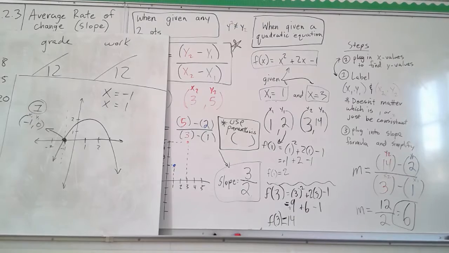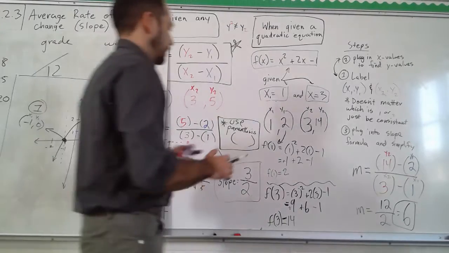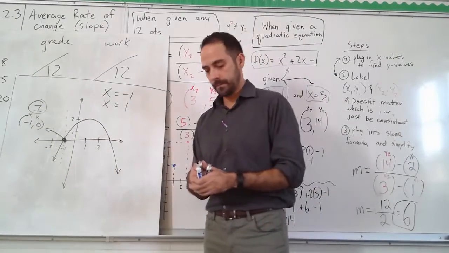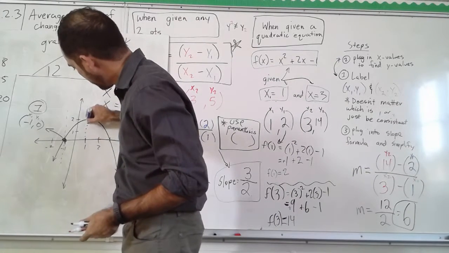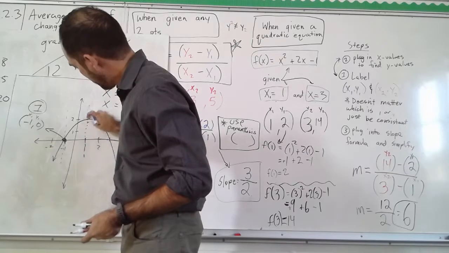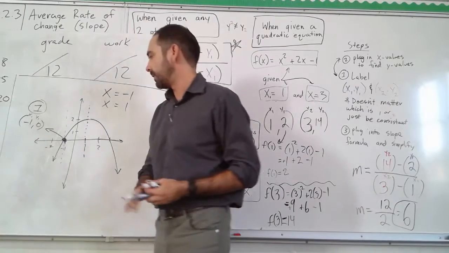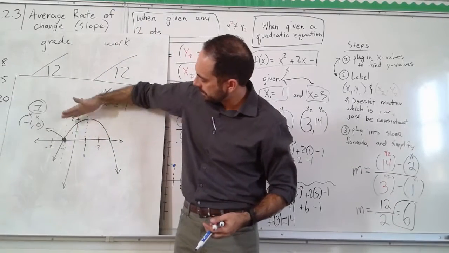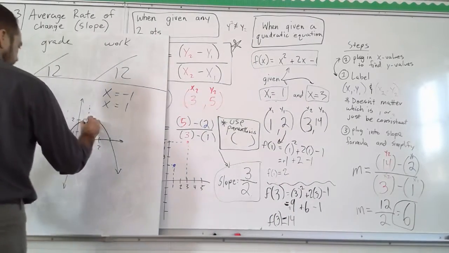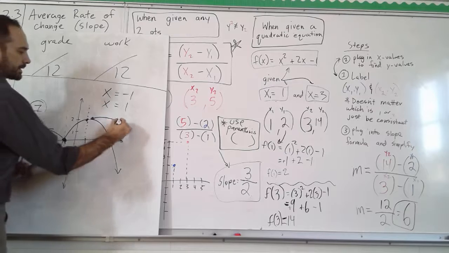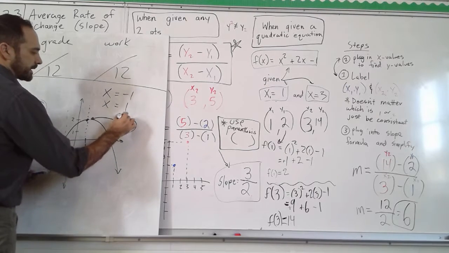On the other side, they're saying, okay, now when x is equal to +1, where does it intersect? So when x is +1, it hits the parabola right here at +2. So this point right here is 1, 2. I'm going to say that's my sub 2 group.